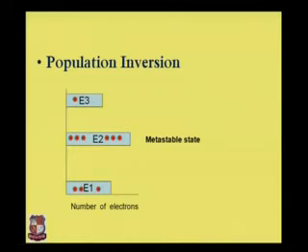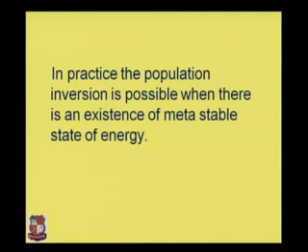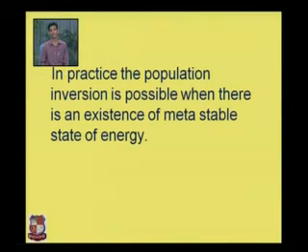Now the question is, how can we achieve this? Because normally whenever an electron goes from the ground state to the excited state, it cannot remain in the excited state. After 10⁻⁸ seconds it will come down, right? But in practice, population inversion is possible when there is the existence of a metastable state. The metastable state is the state which has more stability.